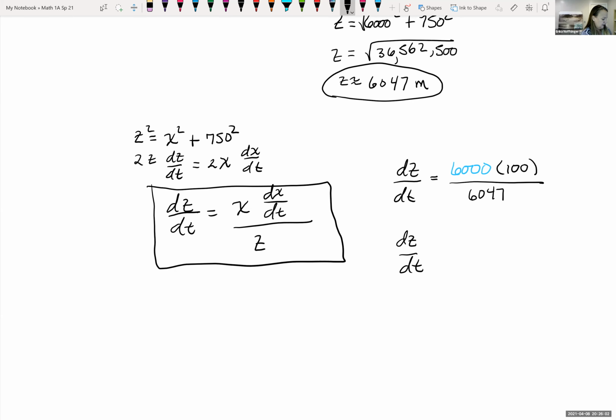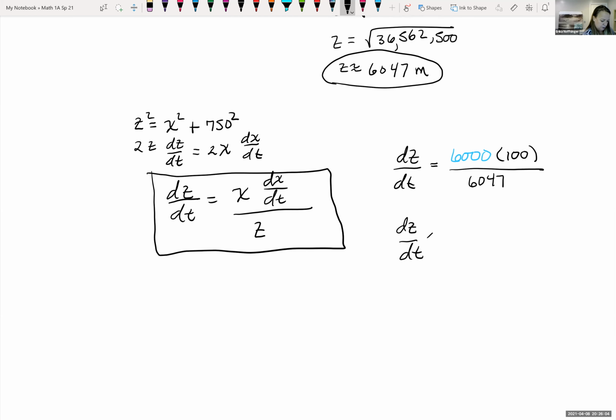If you do that, that is approximately 99.2 meters per second.